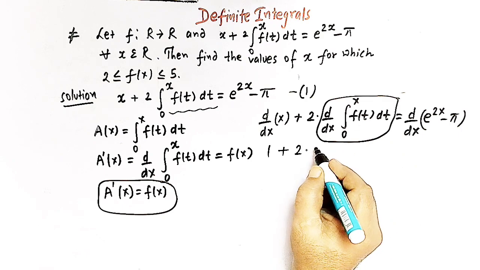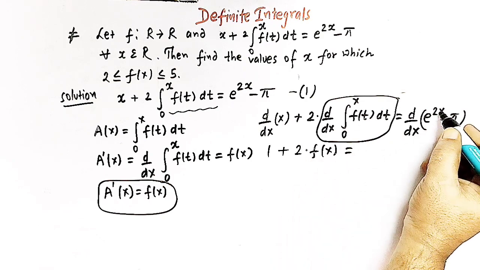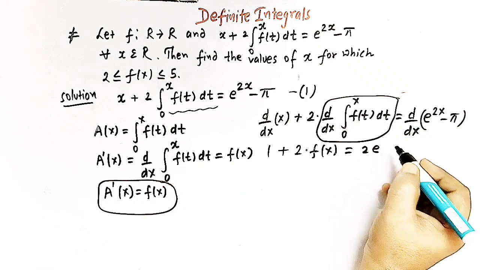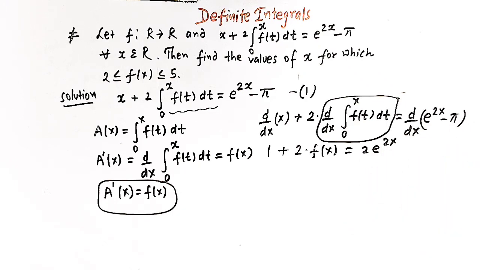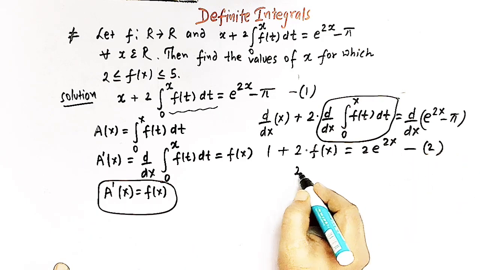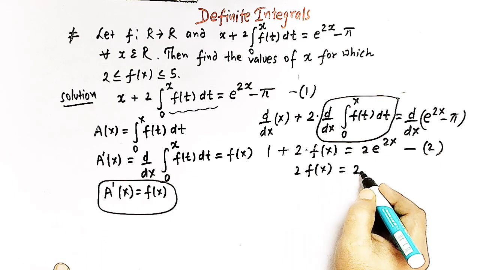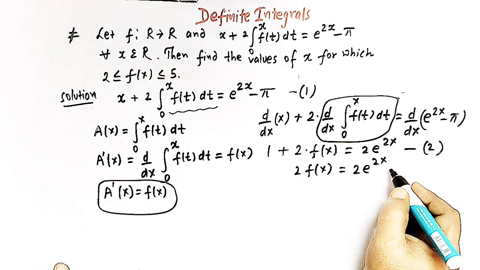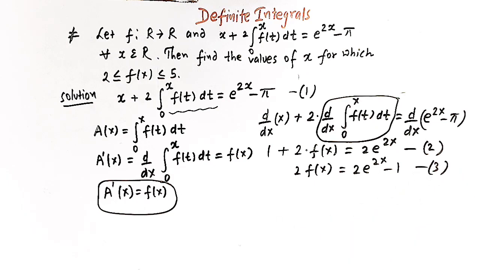So here we have 2 times f of x, and here the derivative of e raised to 2x is 2 times e raised to 2x, and the derivative of pi is 0, being a constant. So now we have this equation. So we can now write 2 times f of x is equal to 2 times e raised to 2x minus 1. So this is our equation 3.